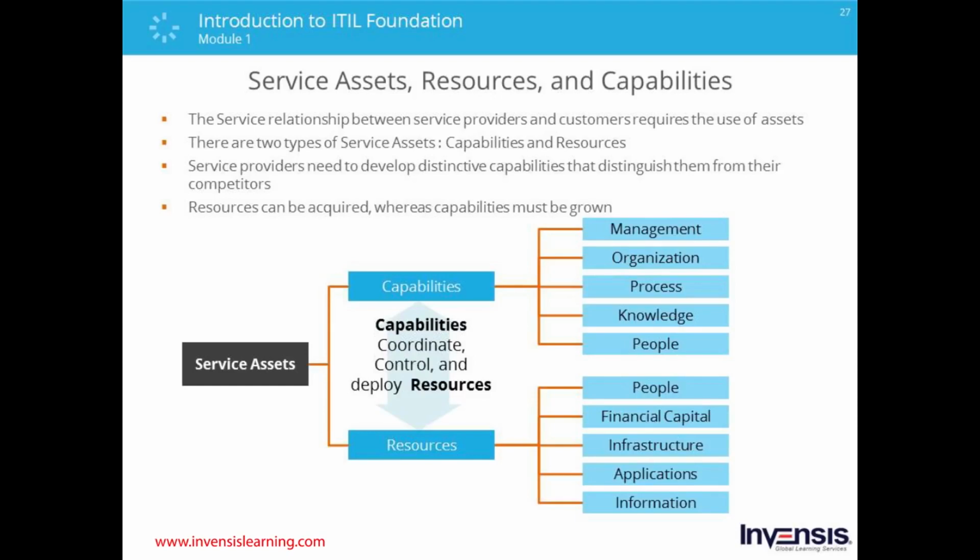Though these processes and knowledge can be stored as physical entities, they are more capabilities. If you notice, people is common to both, because they have intelligence, skills and competencies in their brains. So capabilities and resources make up the service assets. It's known as service assets, not just assets for the service provider.